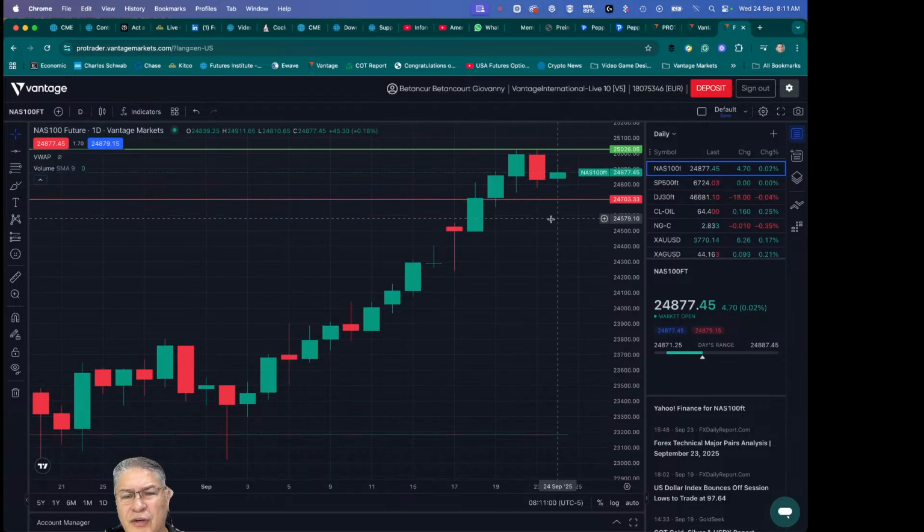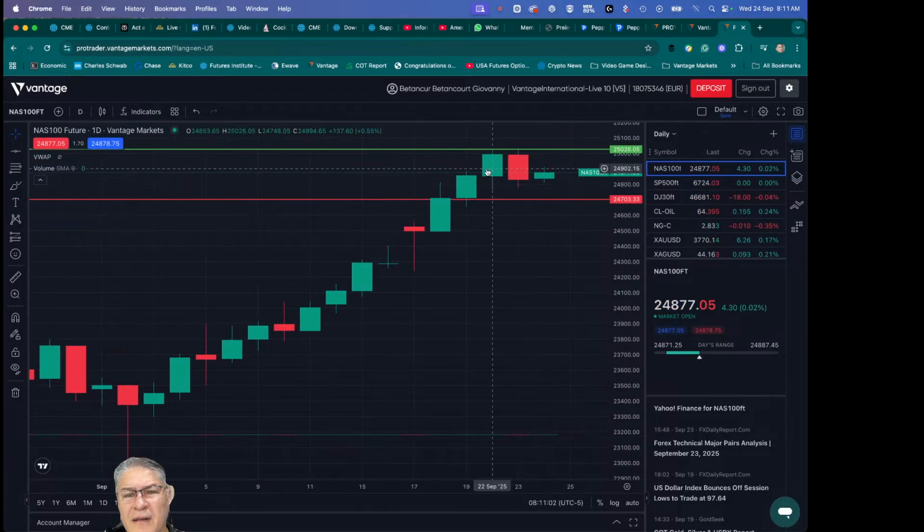So in this chart, we see how the market had made a double top right above the 25,000 milestone. So I'm going to speculate that we're going to come in and do a third double top today. So that will be a resistance level. And 24,700 ish is a first level of support.